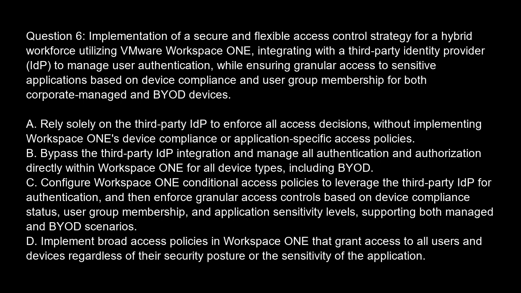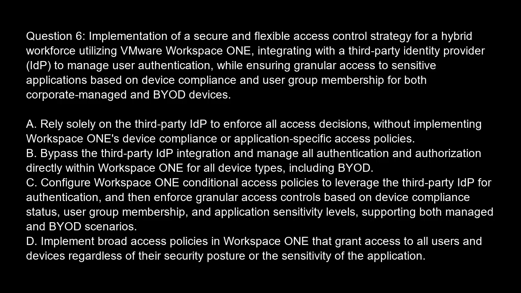Option A. Rely solely on the third-party IDP to enforce all access decisions, without implementing Workspace ONE device compliance or application-specific access policies. Option B. Bypass the third-party IDP integration and manage all authentication and authorization directly within Workspace ONE for all device types, including BYOD.